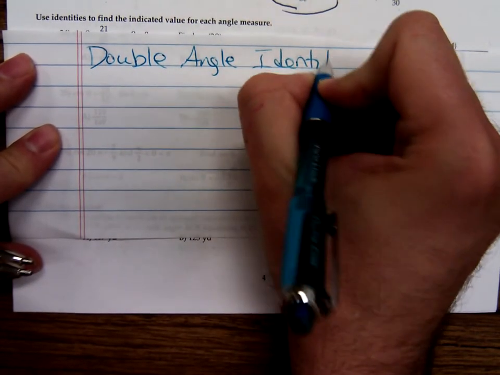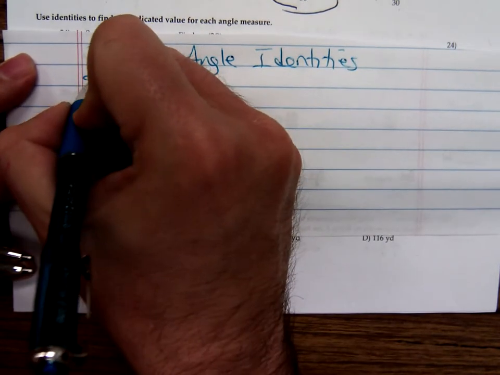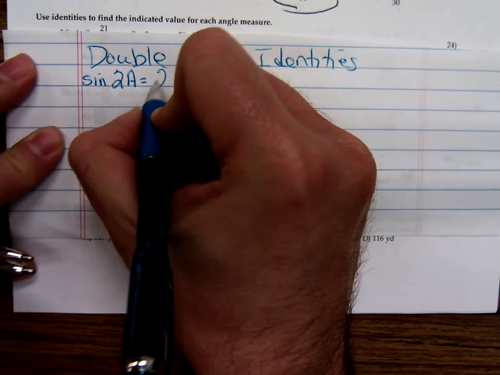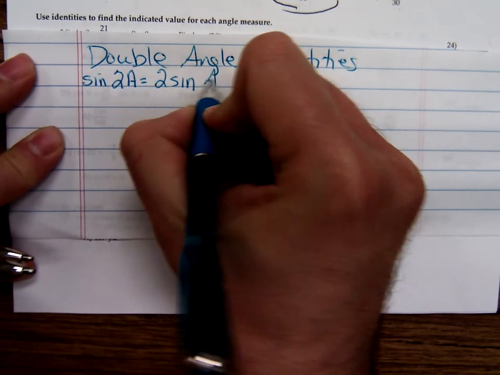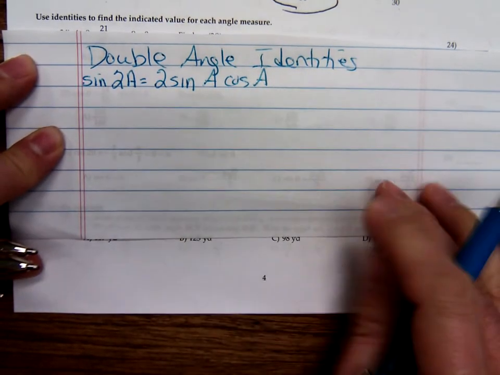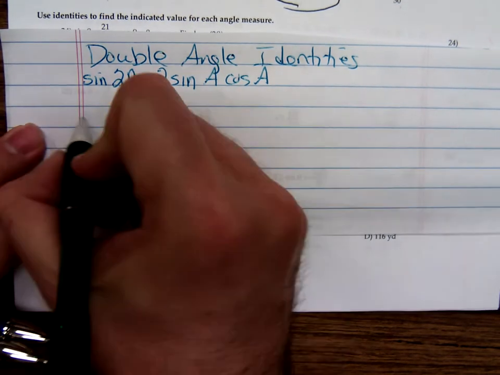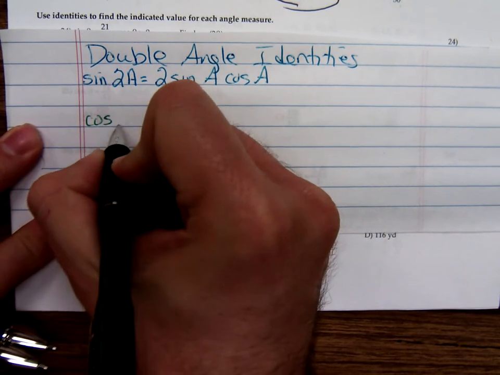Sine 2a, 2 sine a cosine a. And there's only one double angle identity for sine. It's the cosine one that can cause a little bit of problems, because there are 3 double angle identities for cosine.